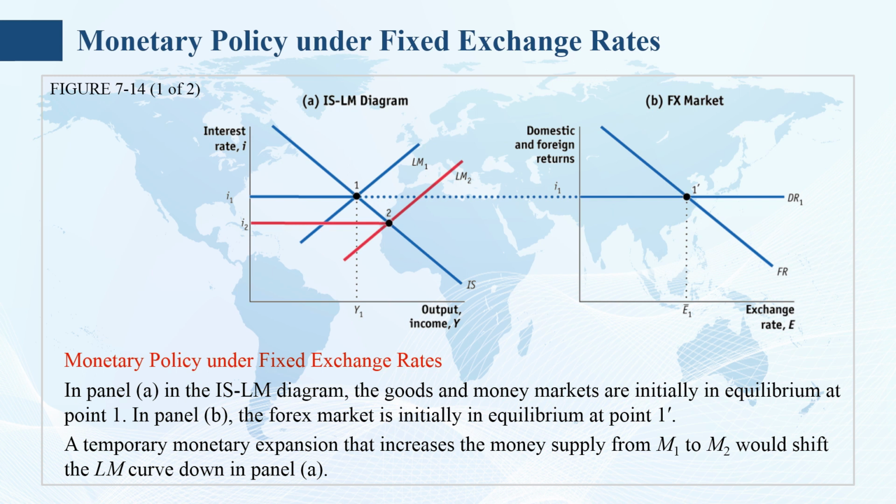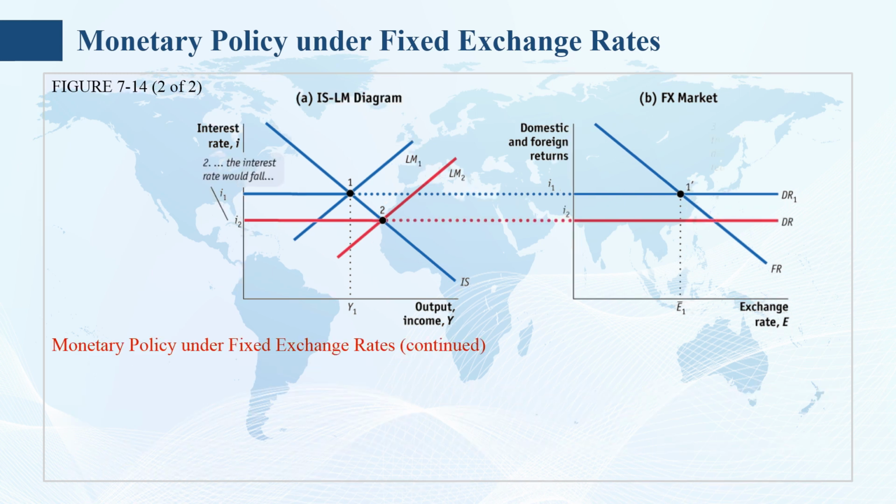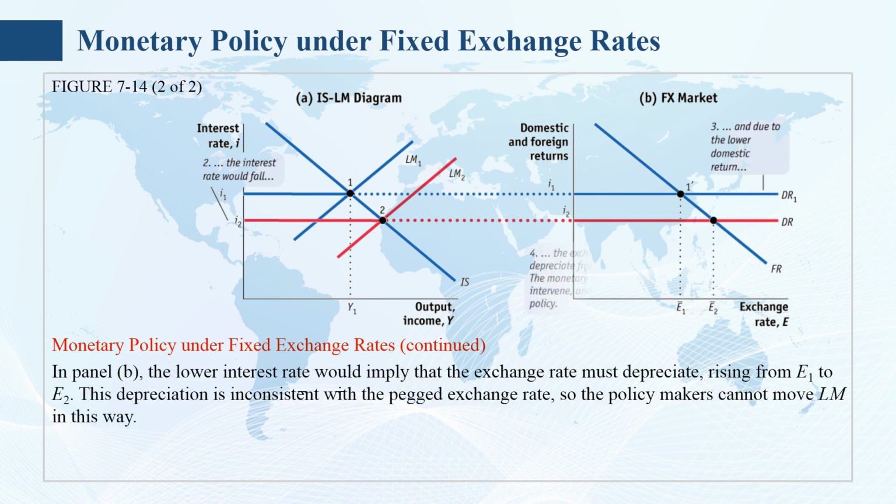A temporary monetary expansion that increases the money supply from M1 to M2 would shift the LM curve down in panel A. In panel B, the lower interest rate would imply that the exchange rate must depreciate, rising from E1 to E2.